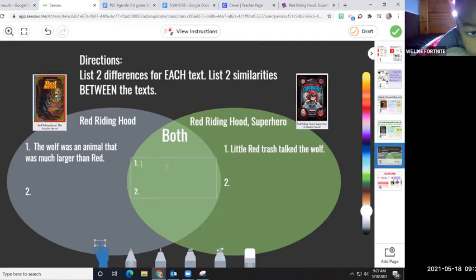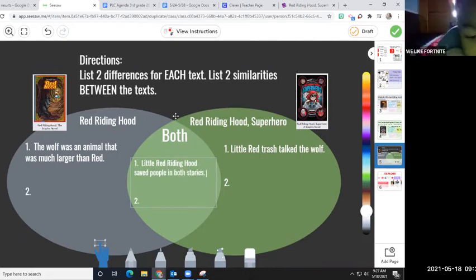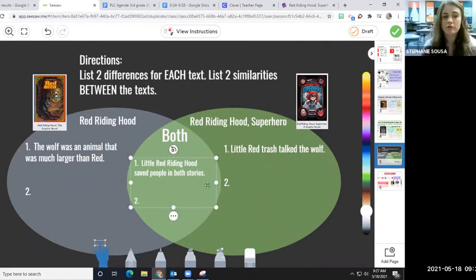She saved the people that the wolf ate, and then she saved the day in superhero. Awesome. So Little Red Riding Hood saved people in both stories. In the original version, she saved their spirit. In the fractured version, she saved the actual person of the president. But yes, she did save people in both stories.